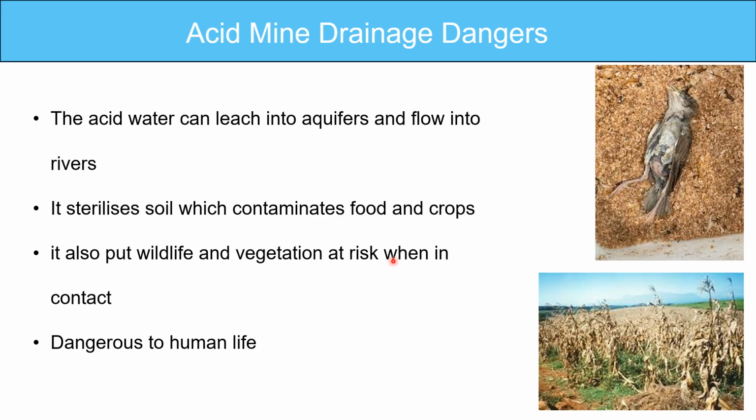It can cause death, and people will not be able to live a subsistence farming life, or even a commercial farming life, if there's acid mine drainage in their area. So you can see how this poses a big problem for wildlife and vegetation, killing little animals, even bigger animals, and obviously destroying crops, which is a massive issue. And of course, if it gets into our water source, it's a really big problem, because if we can't drink water, obviously we cannot live, and that's what really makes it dangerous to human life.